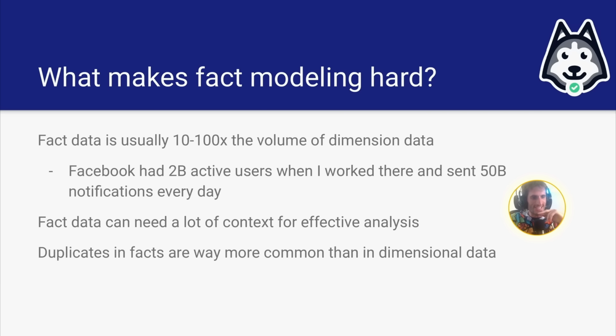But say we sent a notification and then 20 minutes later you clicked on it and then 5 minutes later you bought something. We have that funnel of sent to clicked to bought, that funnel analysis, and all three of those facts in a line. The first one, we sent a notification, in isolation is worthless.